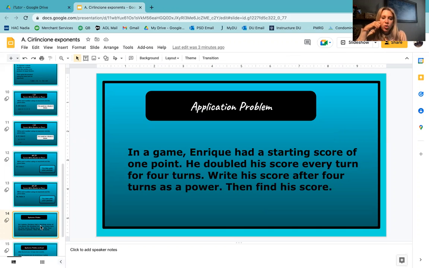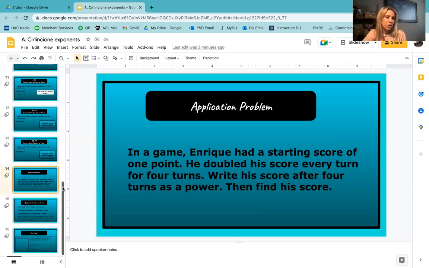He doubled his score every turn for 4 turns. Write his score after 4 turns as a power, then find his score.